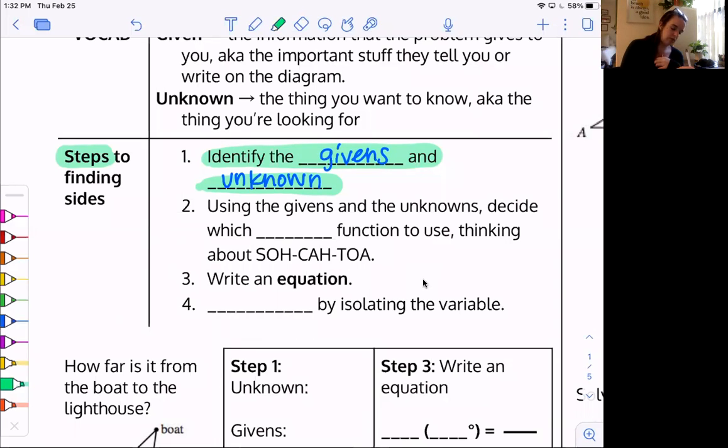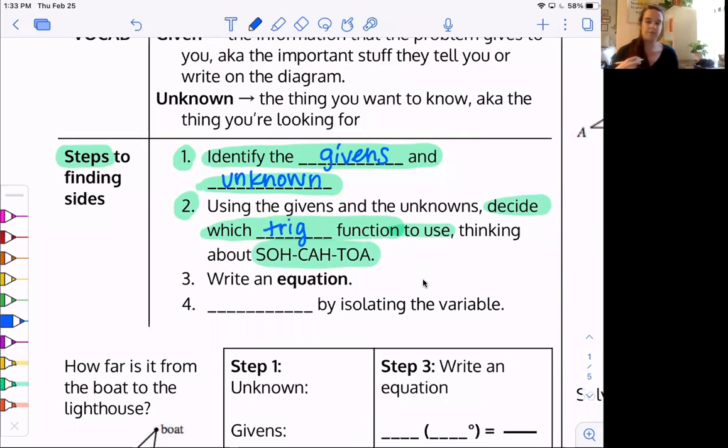Step two is that we are going to decide which trig function to use. We're deciding from SOHCAHTOA. Remember, you're only writing down the things that I highlight. So number two is decide which trig function to use.